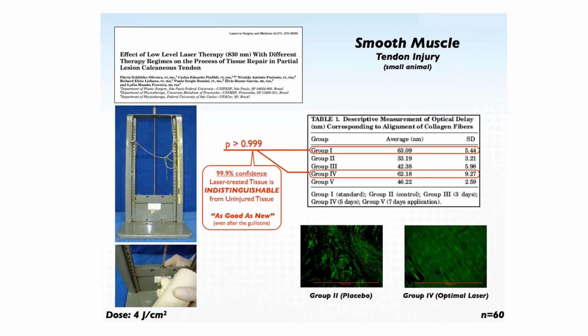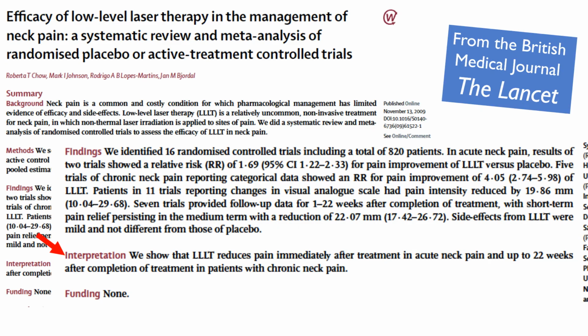And what is interesting is that with the proper dosage of laser therapy, the tissues become indistinguishable from uninjured tissue. In other words, they are as good as new. And that offers us great excitement and hope and potential for our patients if we can use therapeutic laser light to help them become as good as new after injury.